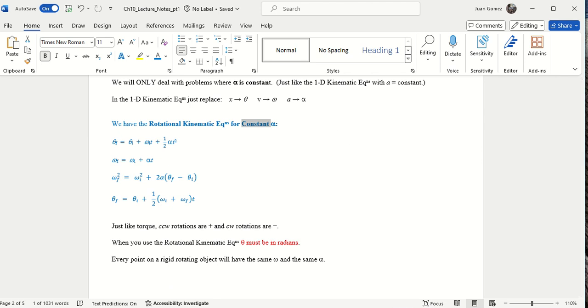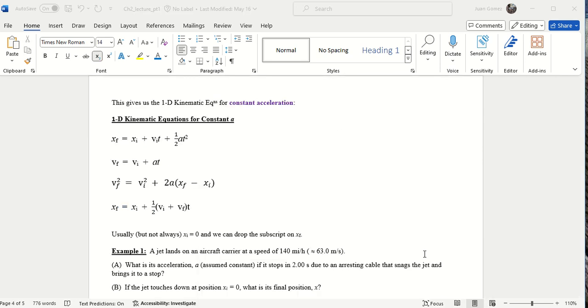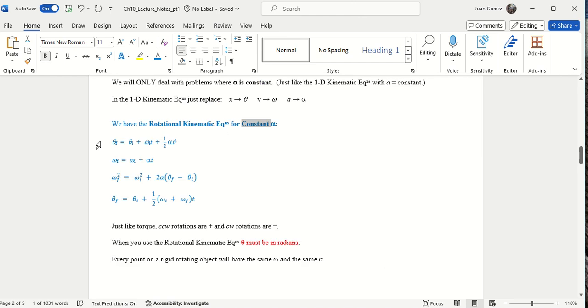Again, I just took the 1D kinematic equations and just replaced x with theta, v with omega, and a with alpha.